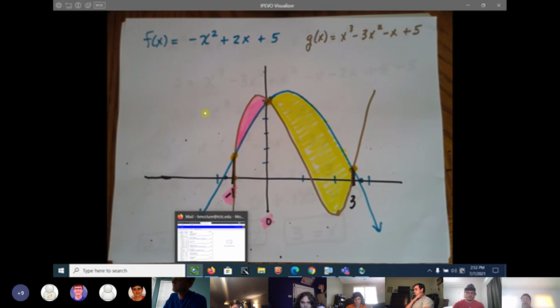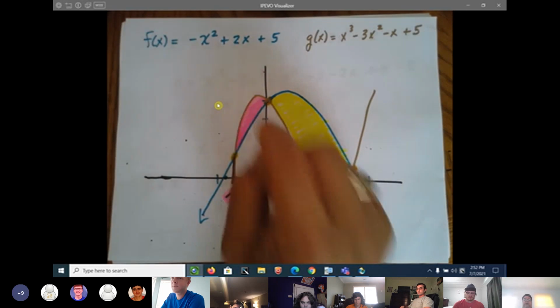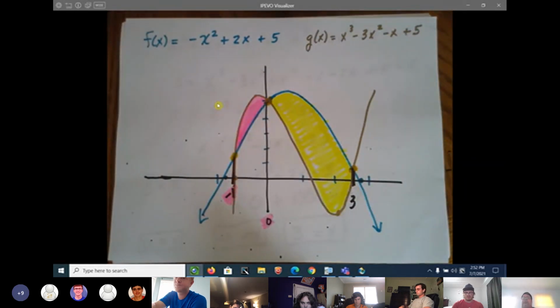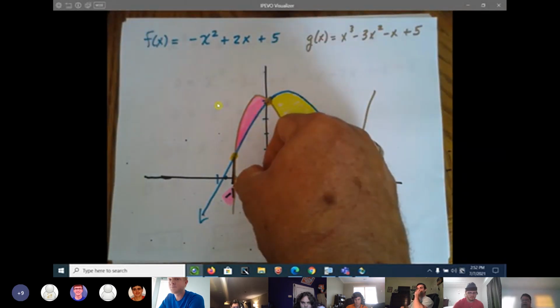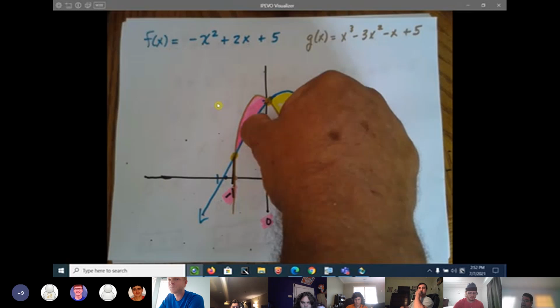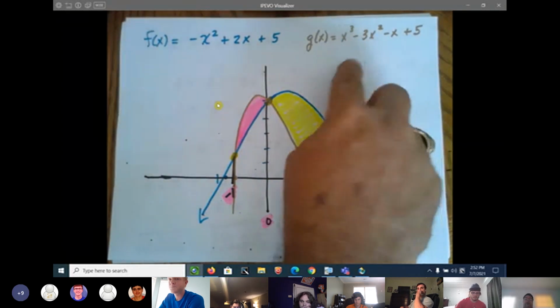Now, when you set up, what's the dominant function on the pink? Somebody tell me, what's the dominant function on the pink? Brown or blue? G of x. Brown, yes. Because if I pick 0.5 right here, 0.5 is going to give me a higher number with the brown.